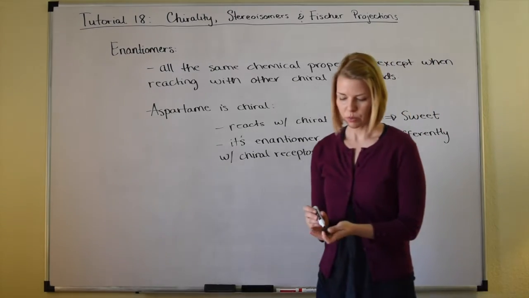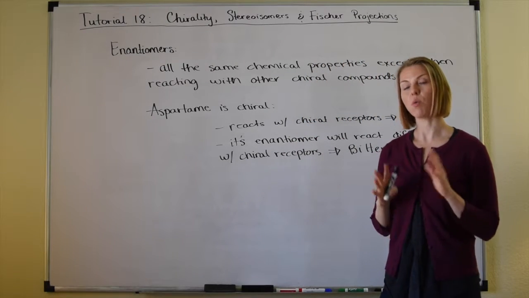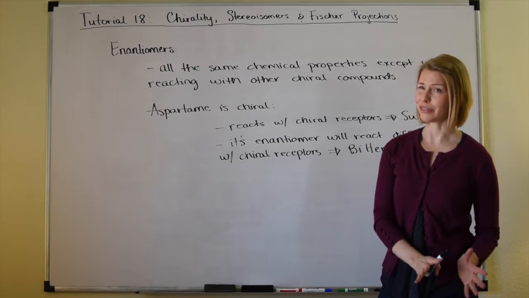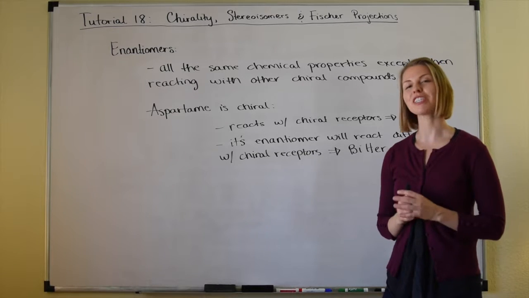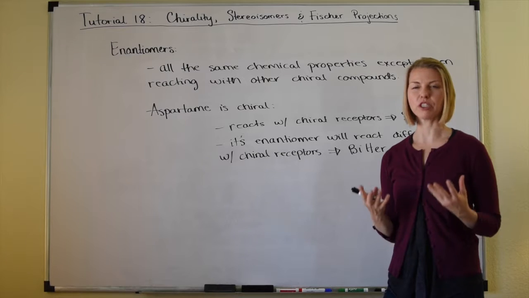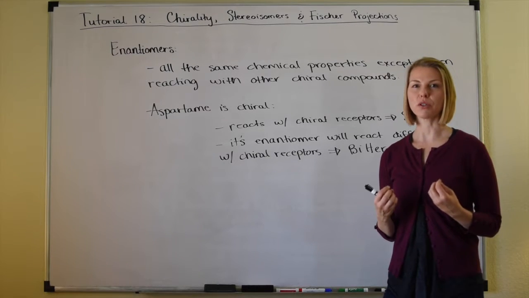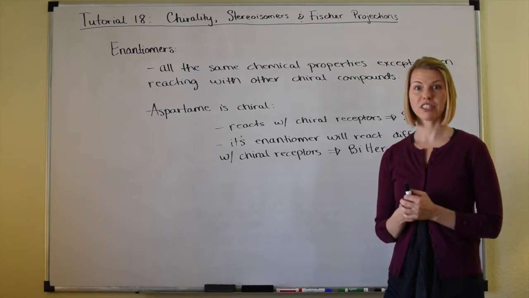All right, so we're going to go ahead and erase here and go on to talking about one last thing from slide 2. We're going to talk about finding an internal symmetry plane, which is really the easiest way to determine if a molecule exists as a pair of enantiomers.